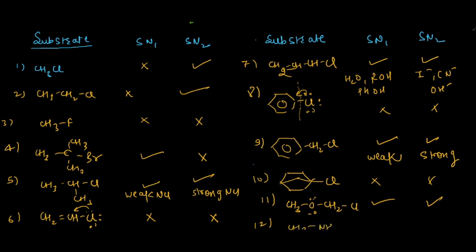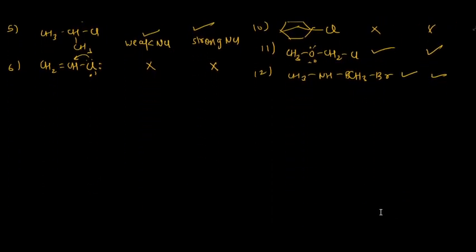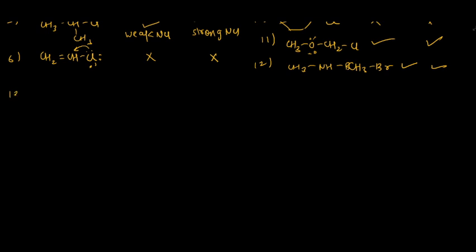CH3NHCH2Br. Again it will show SN1 and SN2 both. Let's look at the 13th. This compound CH2Cl. It will go SN1 and SN2 again. It is a dancing resonance, a lot of things.